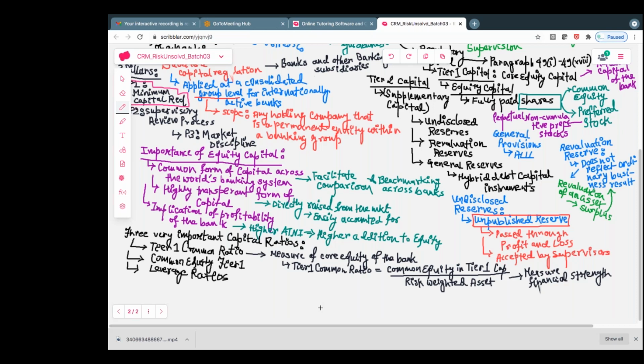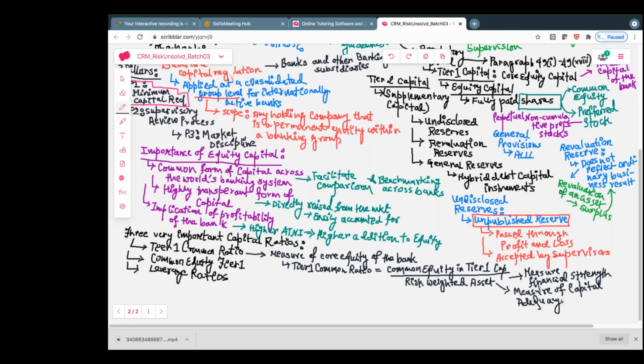Now, this is a measure of the financial strength, and as a result, the tier 1 common ratio is also a measure of the capital adequacy that the bank has.